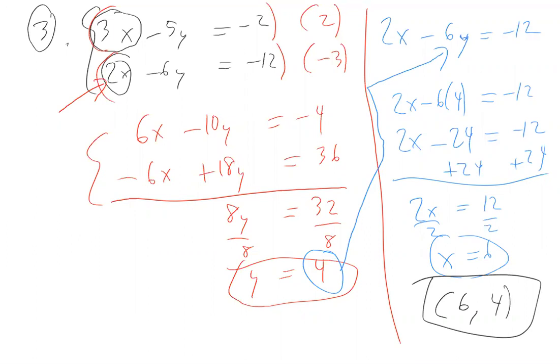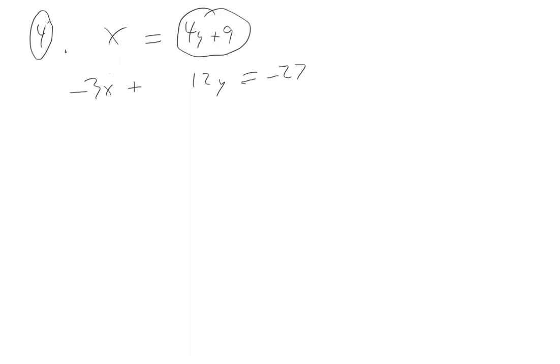All right, now let's try problem 4. So this says x equals 4y plus 9. And then it says negative 3x plus 12y equals negative 27. So it says solve this by the method of your choice. But we already know what x equals, 4y plus 9.